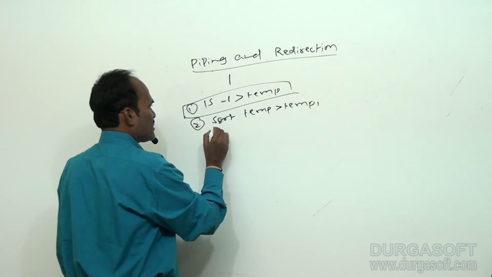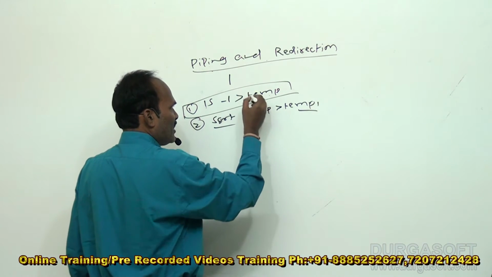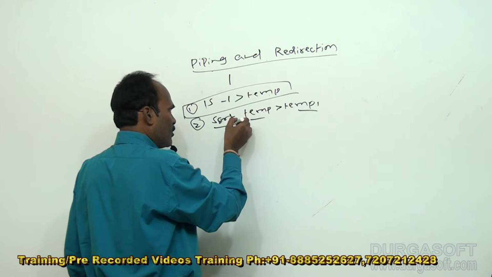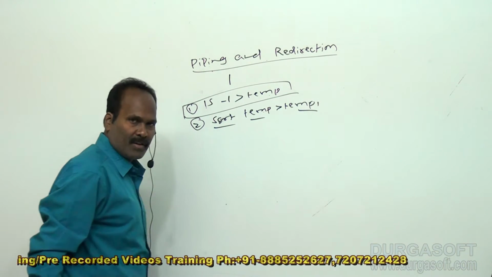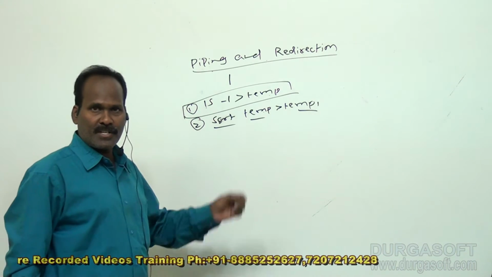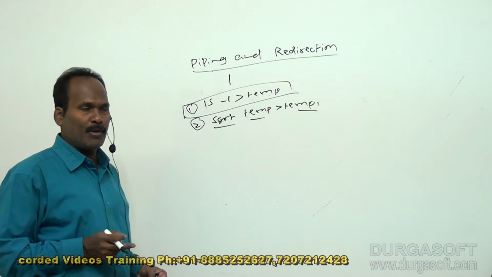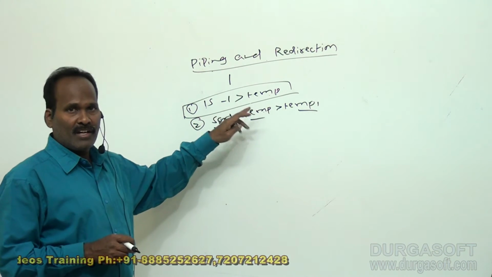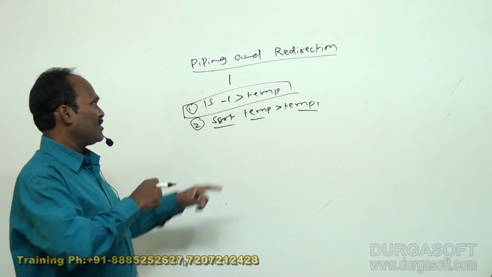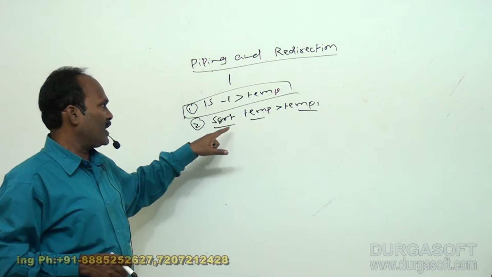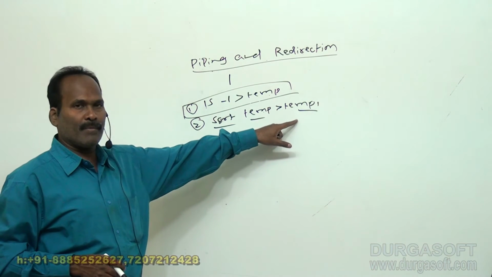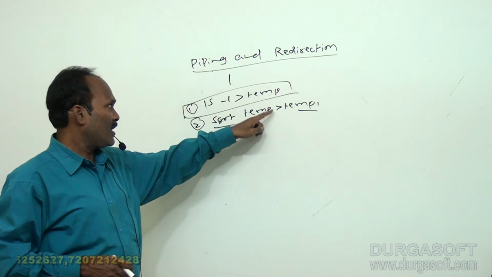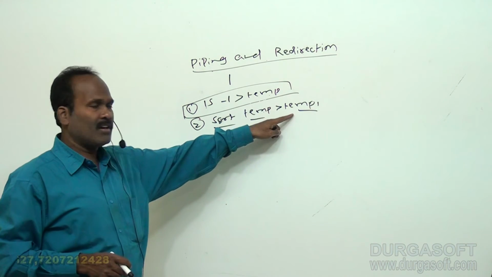The second command, sort temp > temp1, means the long listing of files available in the temp file will be sorted, and the sorted output will be redirected to the temp1 file. This is a combination of two steps.